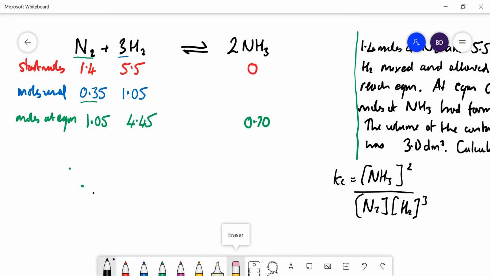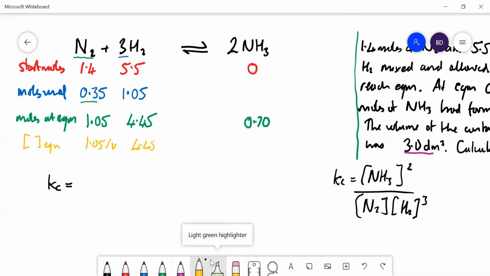Okay, so Kc is going to be equal to, right, now they tell us the volume is 3 decimeters cubed, but let's call the volume V. So the concentration at equilibrium is going to be 1.05 over V, 4.45 over V, 0.70 over V. Right, NH3 squared, well, that's going to be 0.7 squared over V squared on the top.